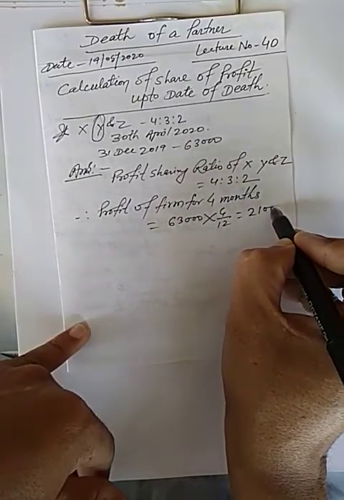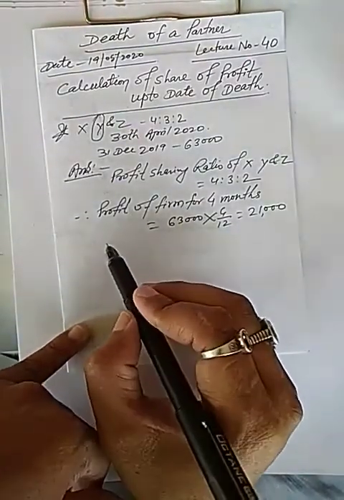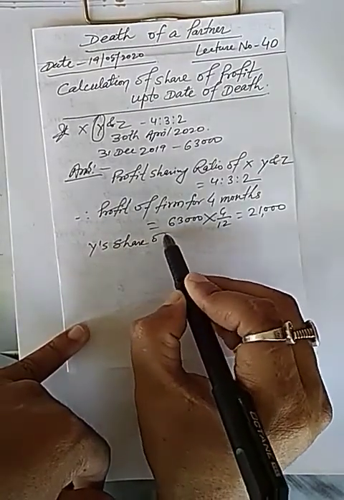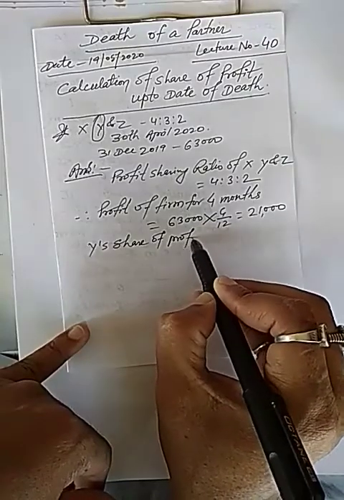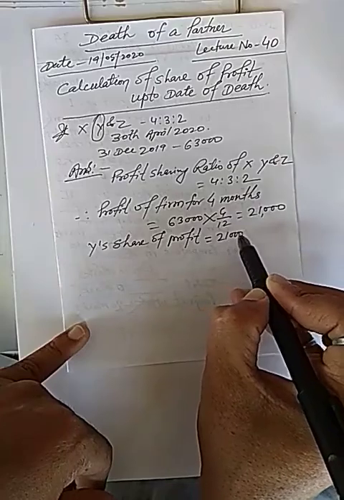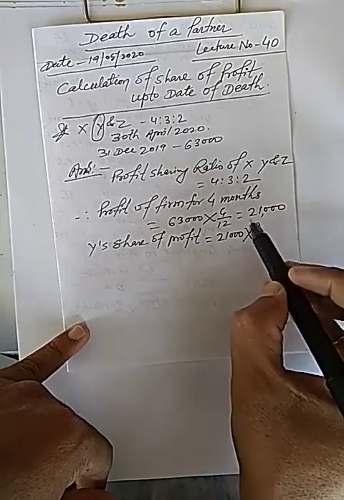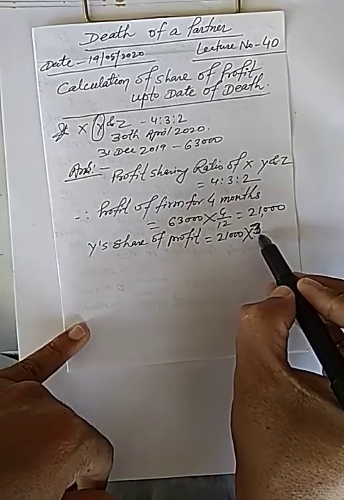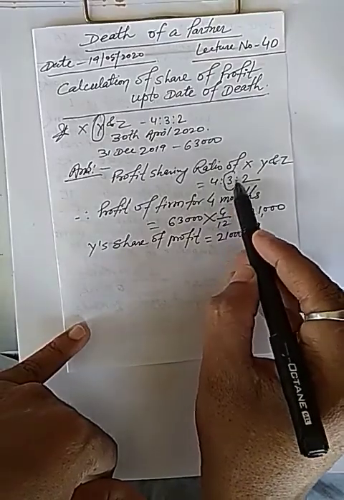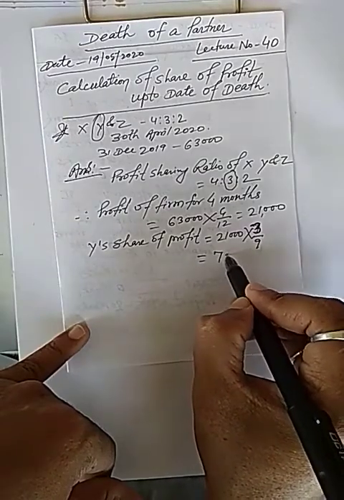It will be 21,000. Now Y's share of profit will be 21,000 into 3/9, equal to 7,000.